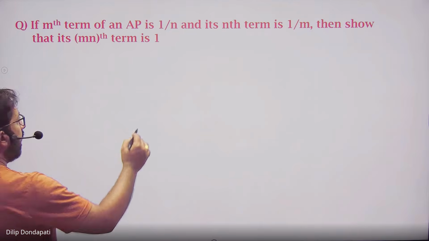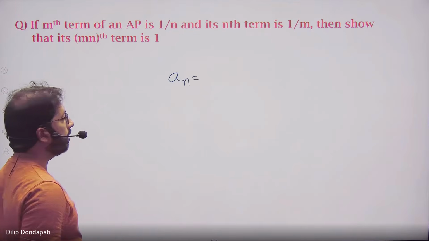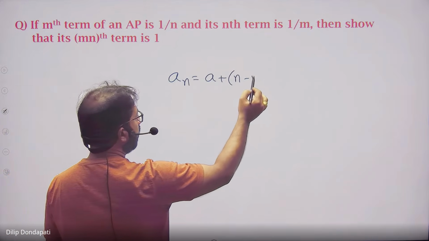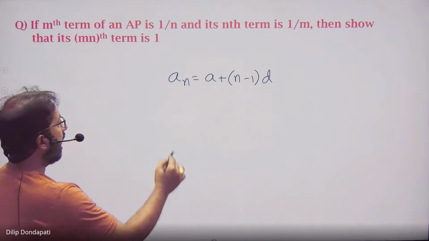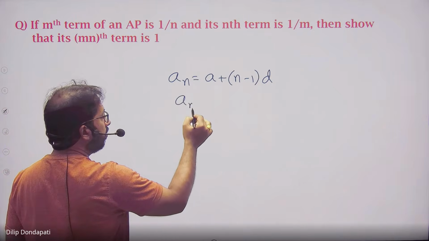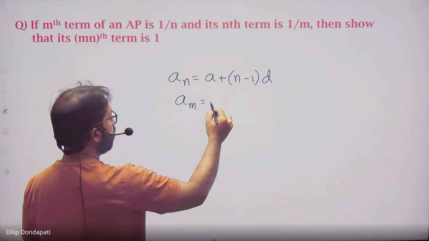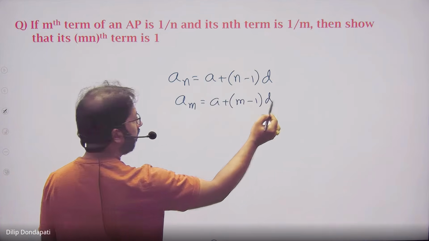You tell me nth term का formula will be? nth term will be a plus n minus 1 into d, right? You tell me mth term. If I ask mth term, n के जगह में m लगाने का. Tell me what will be the answer? a plus m minus 1 into d.